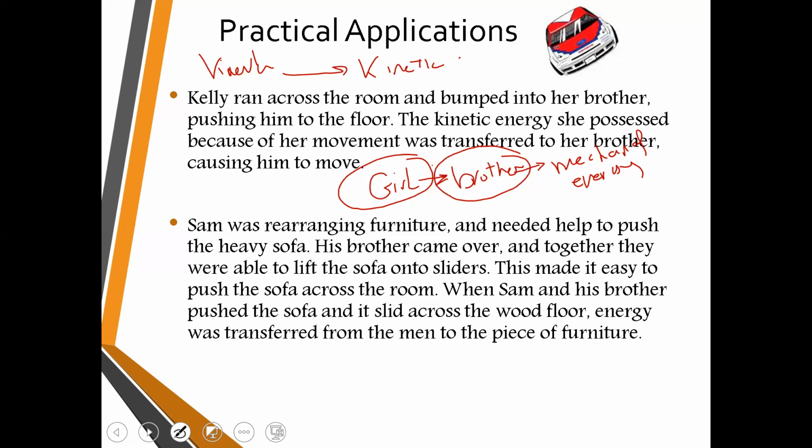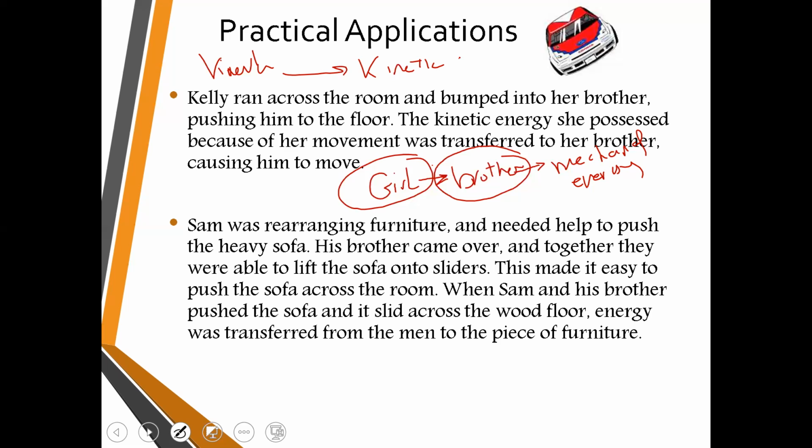Sam was rearranging furniture and needed help to push the heavy sofa. His brother came over, and together they were able to lift the sofa onto the sliders. This made it easy to push the sofa across the room.